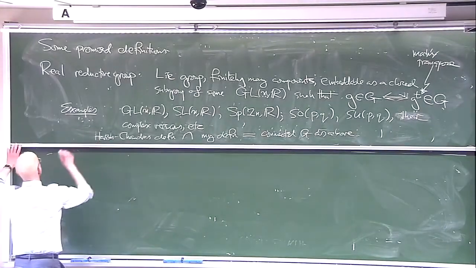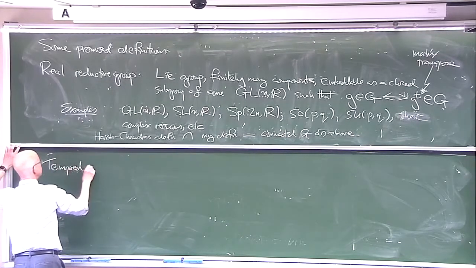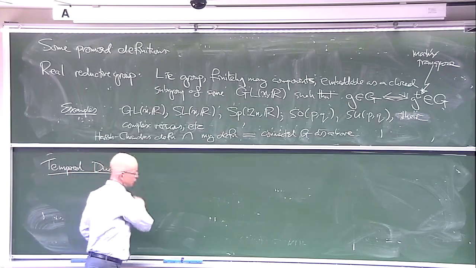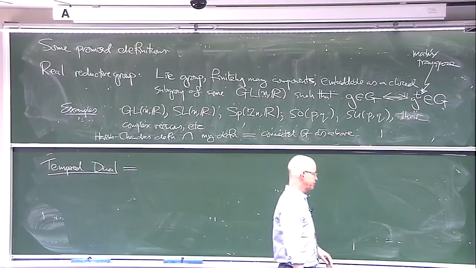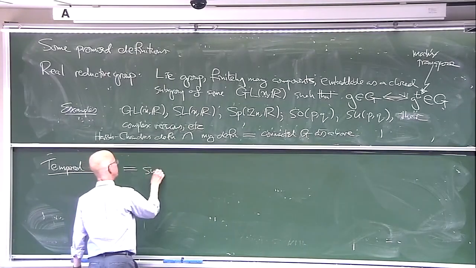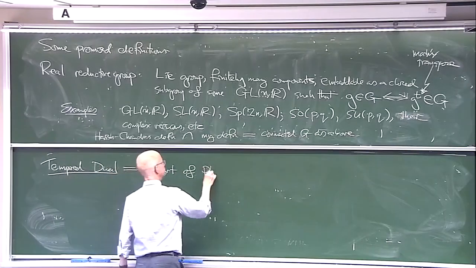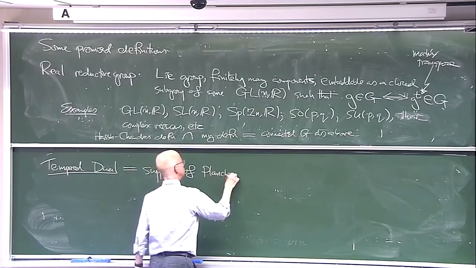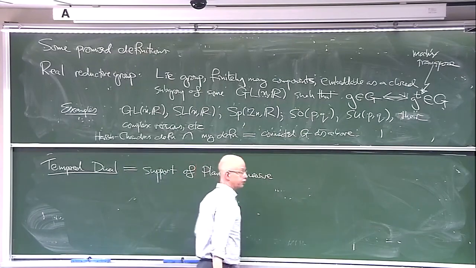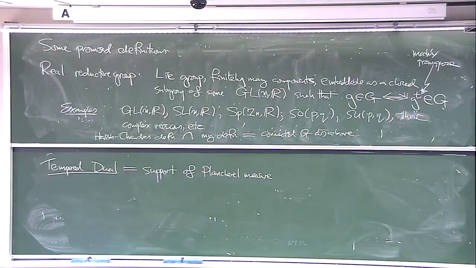Okay, so for these particular groups, one speaks of the tempered dual, and there are different ways of saying what this is. One way is to say that this is the support of the Plancherel measure. The support of a measure is the complement of the largest open set which has measure 0.